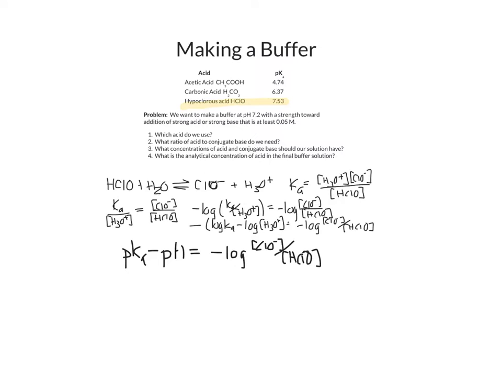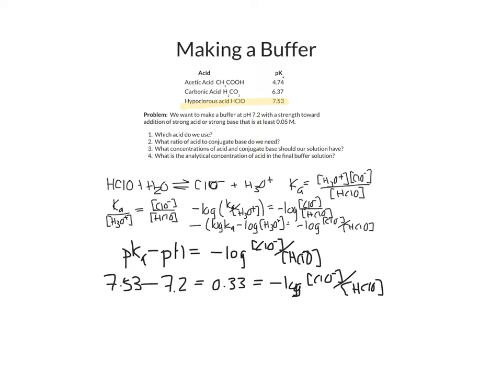And our pKa is 7.53. So we have 7.53 minus the pH that we want, which is 7.2, and that is equal to 0.33, and that is equal to minus the log of the ratio between the conjugate base and the conjugate acid.